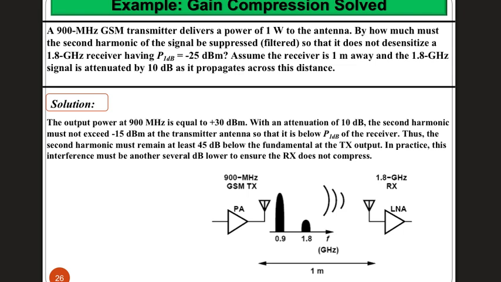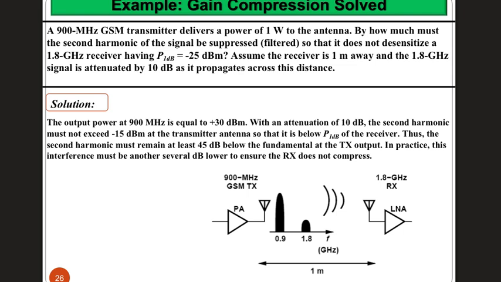The second harmonic must remain at least 45 dB below. Here it is minus 15; minus 15 from 30 is a 45 dB drop. The first one is 30, the second one is specified to be at minus 15. What's the difference? 45.